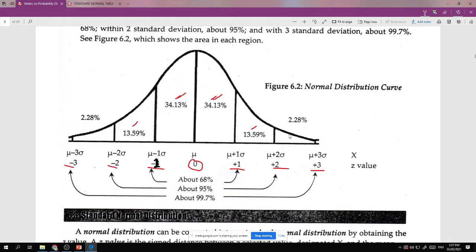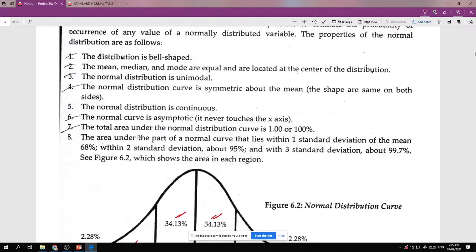So the whole curve is how many percent? What's the area of the whole curve? It's 100%. So take note of that. The whole curve is 100%. The total area is simply 1 or 100%.